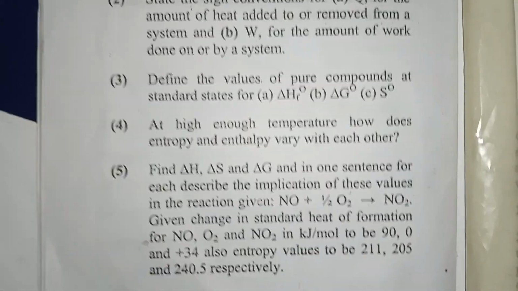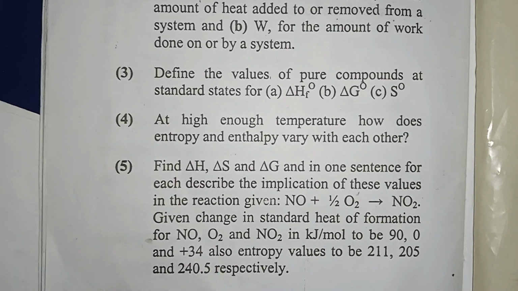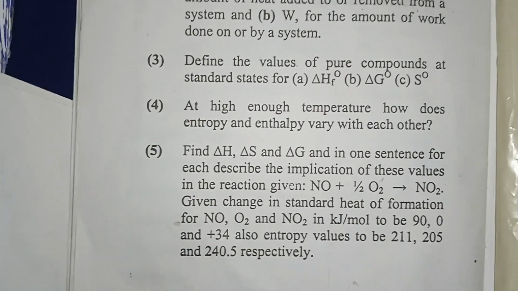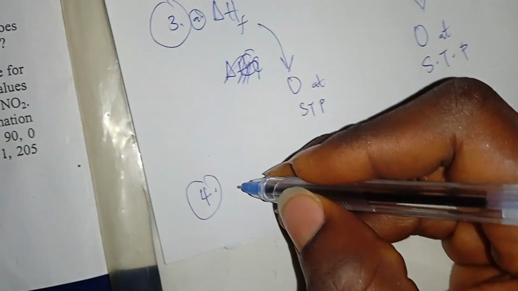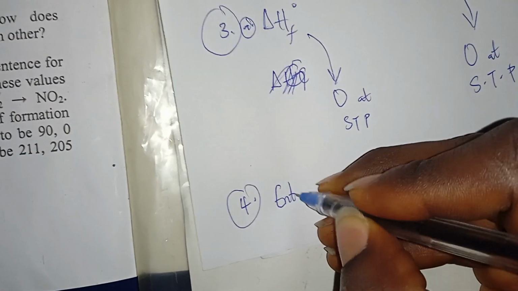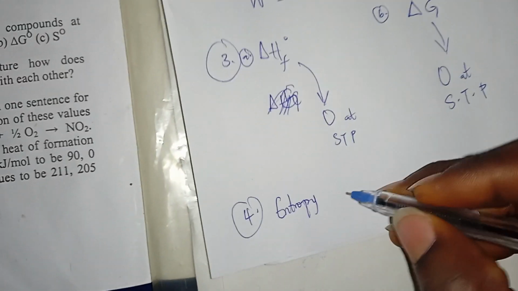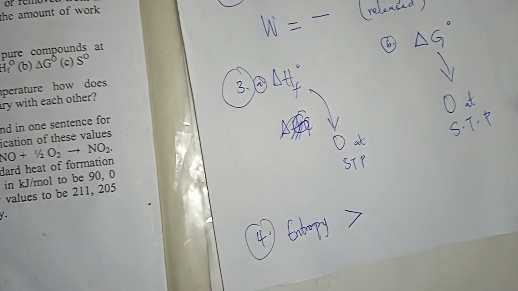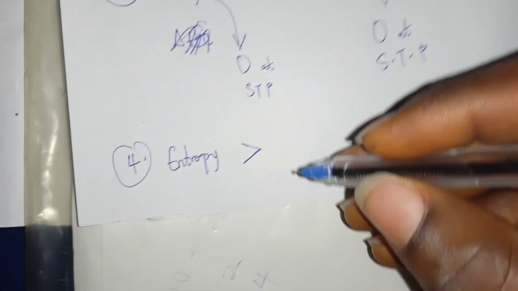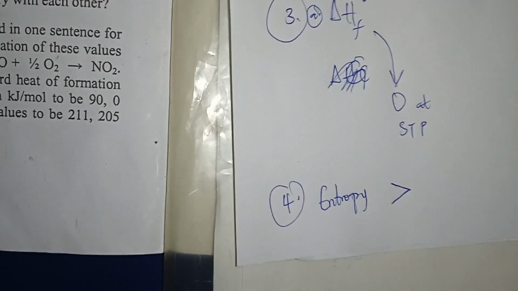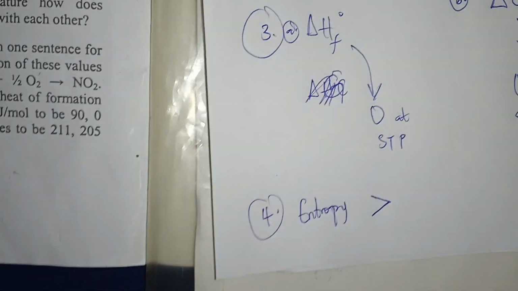Number 4 says, at high enough temperature, how do entropy and enthalpy vary with each other? At a very high temperature, the degree of disorderliness is extensively high, so it can't be overlooked, and entropy tends to dominate.